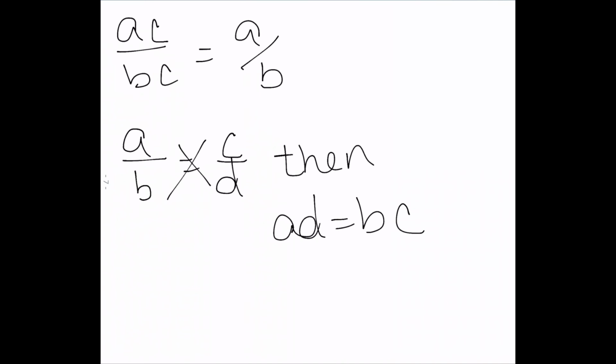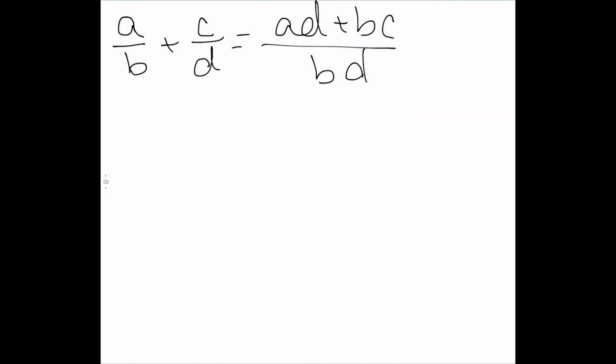So, now that we have these basic properties, I do want to point out one important thing. When adding fractions with different denominators, while we can use this property and it will always result in something, we typically don't use it. Instead, we actually want to find the least common denominator.